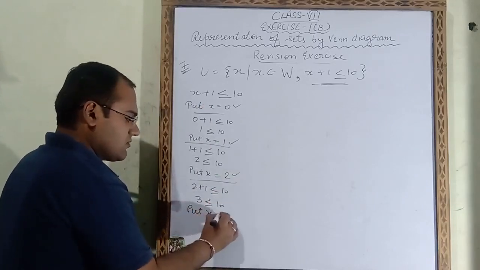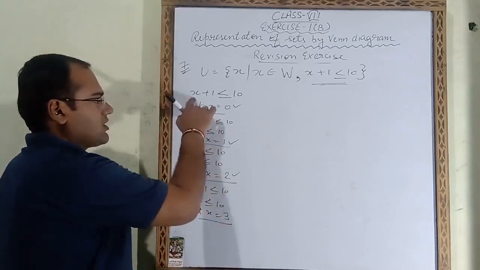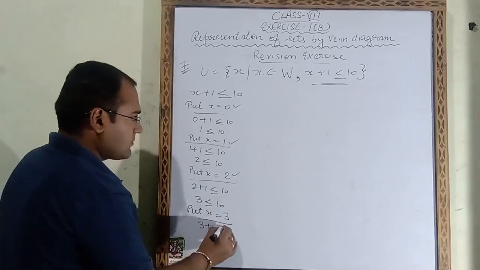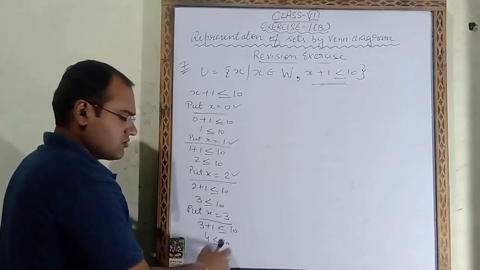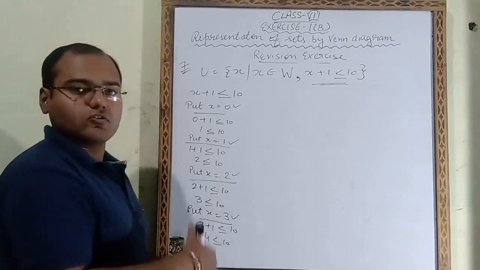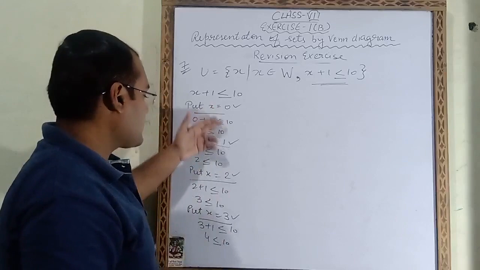After 2, we put X equal to 3. So 3 plus 1 is less than or equal to 10. 4 is less than or equal to 10. Is this true? Yes. So like this we will do, putting the values of X up to 3.